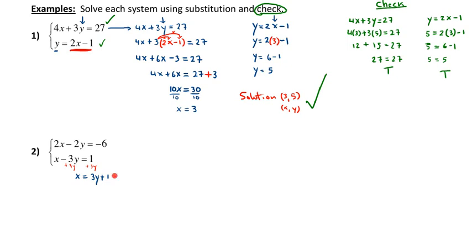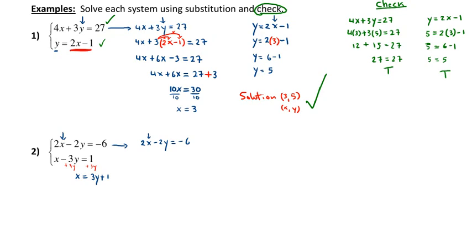Now I have the value of x, and now I can substitute into the first equation. So I'm going to rewrite this equation here. That is 2x minus 2y is equal to negative 6. Substitute the value of x.